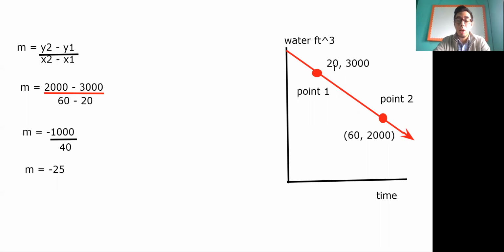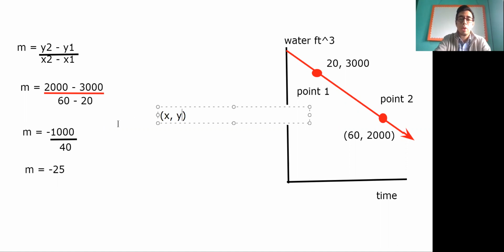20 is the first value for x. I'm going to write in here. Okay. This is an ordered pair. In the pair, you have the value for x and one value for y.